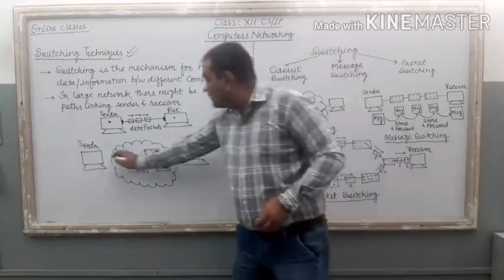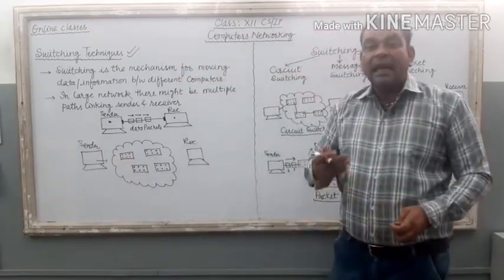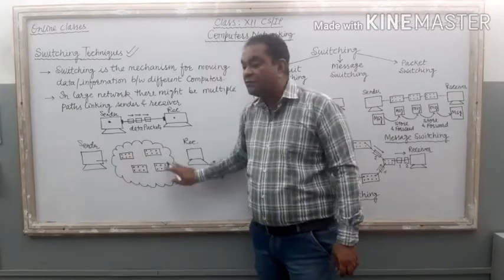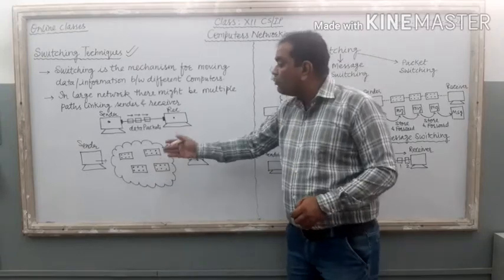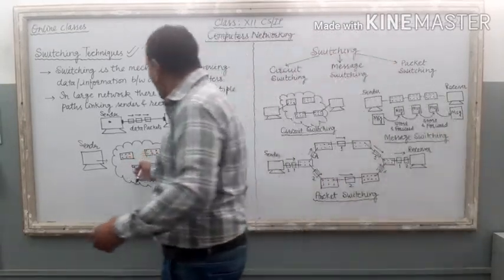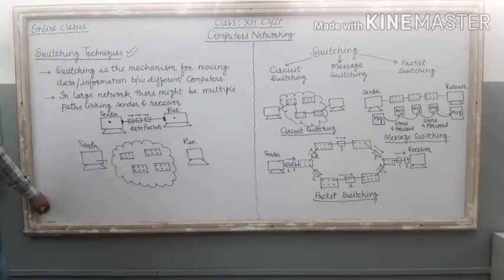Now, if this computer wants to send a file, this file can travel between different switches. This file or data is transferred through different switches, and the data is switched according to the different nodes and then reaches the receiver computer.